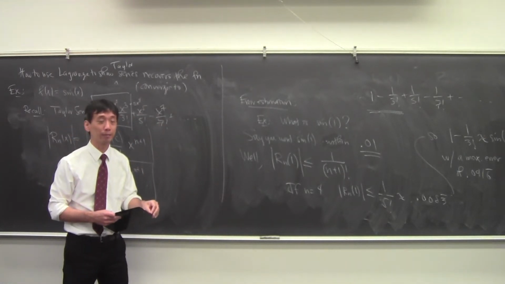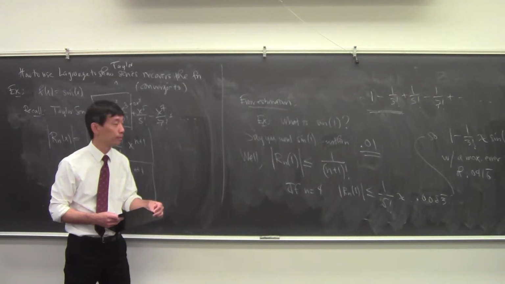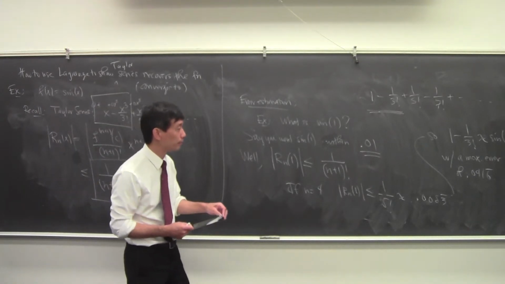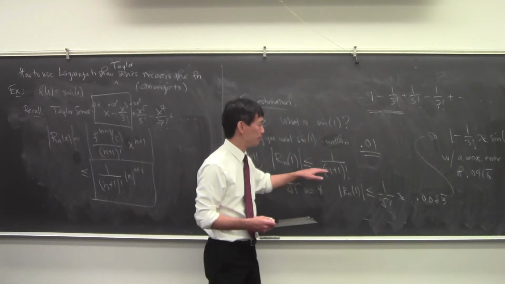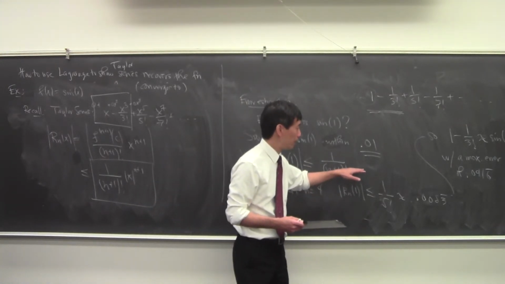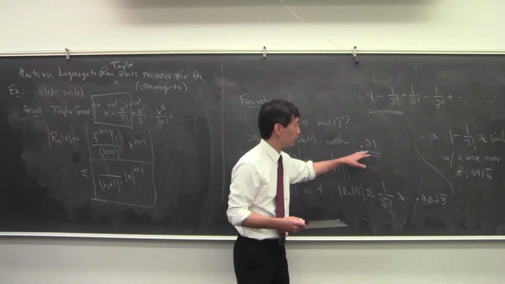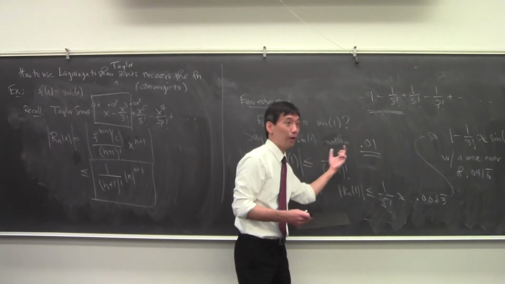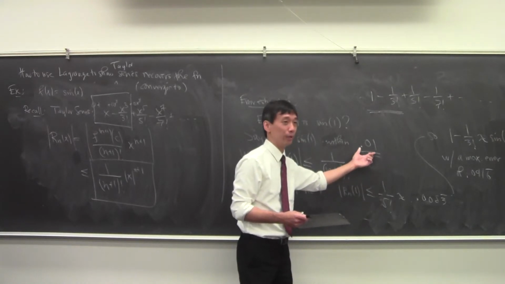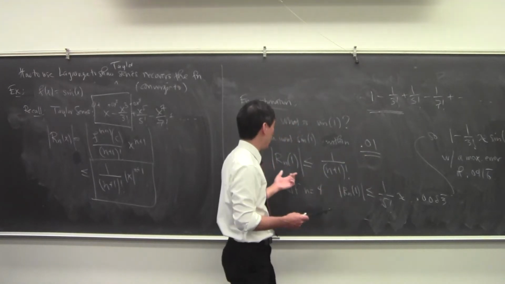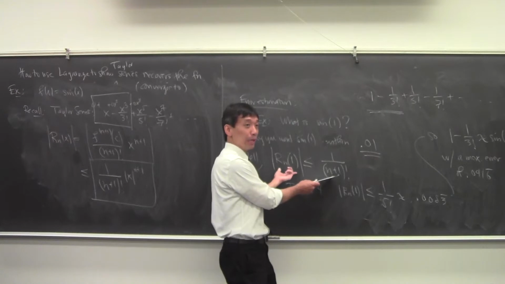If the fourth term is 0, then why did you do n equals 4 and 1 over 5 factorial? So I was trying to find how far out do we need to go to make the error smaller than 0.01. And we have this formula for how big the error is.